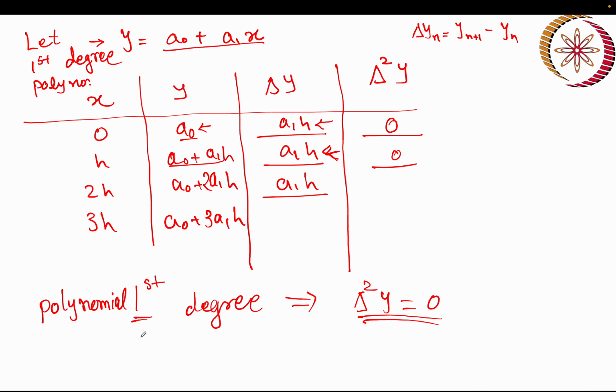So we can generalize this and say that if we have an nth order or degree polynomial, or the polynomial with the maximum power, the term with maximum power is n, then the n plus 1th difference will be 0. Okay, so this is just some theoretical background.